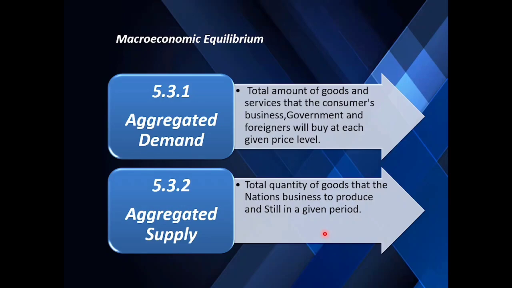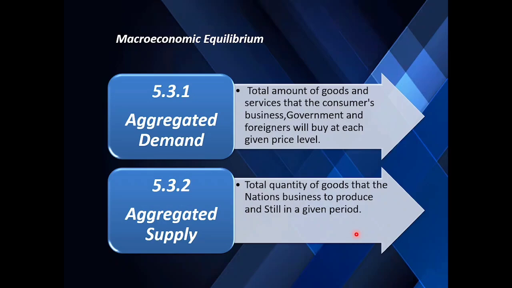So businesses might sell less than their capacity or potential output. In other circumstances, such as war booms, businesses might, for a long time, produce above their sustainable potential output.